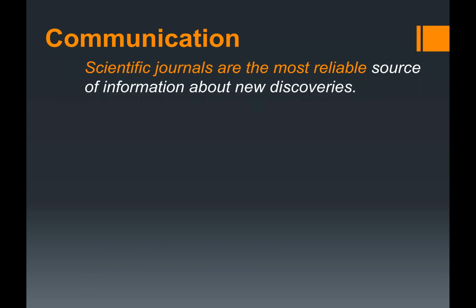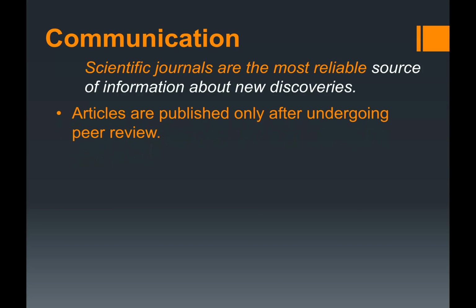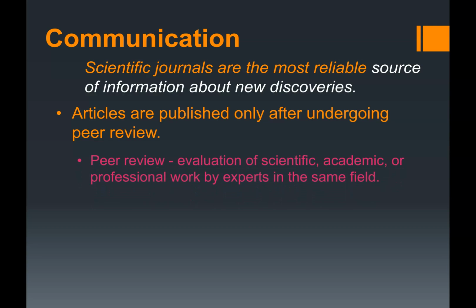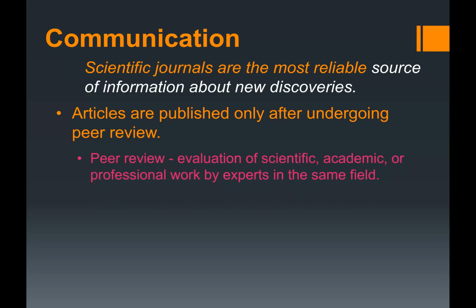Scientific journals are always the most reliable source of information about new discoveries. Articles are published only after undergoing something called peer review. Peer review is an intense evaluation of scientific, academic, and professional work by experts in the same field.